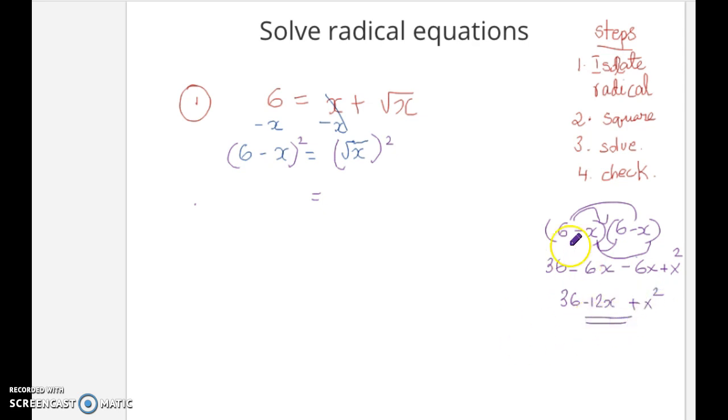The easiest way to do this, though, we don't always have to remember to distribute and multiply like that. We can also use the identity, which is a minus b the whole square, which is equal to square the first term, use the middle term sign negative, and then multiply all of these three, including the 2 times a times b, and then plus square of the last term.